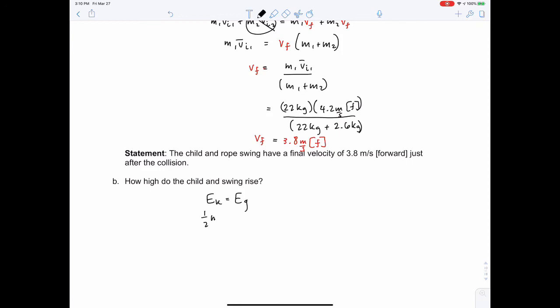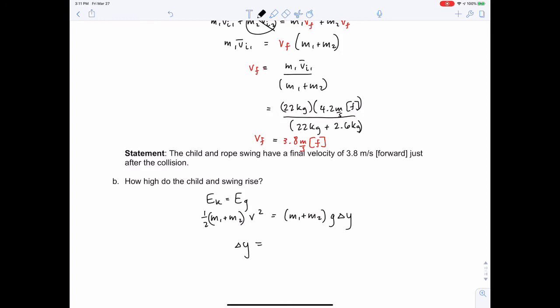So we can exchange this for the equation 1/2 m1 plus m2 v final squared is equal to m1 plus m2 g delta y. And we want to solve for delta y.